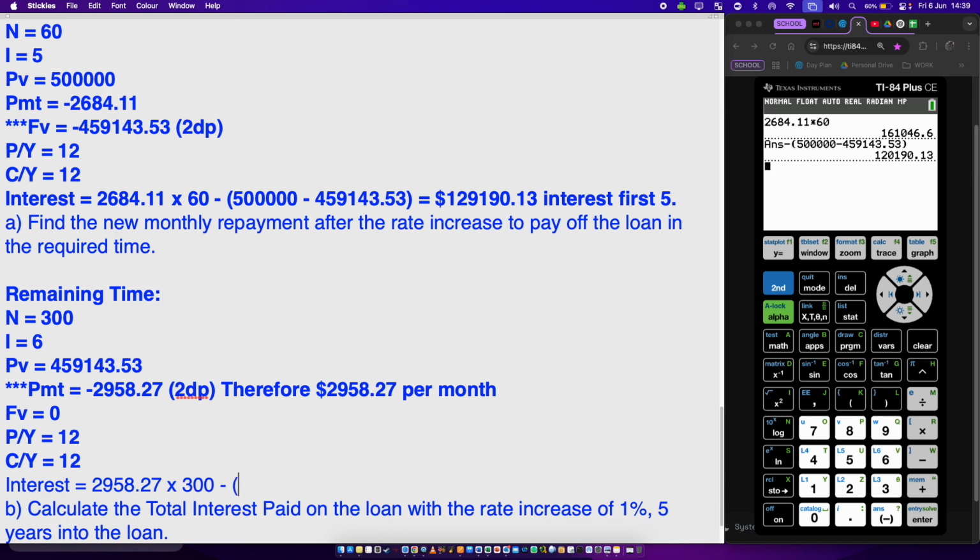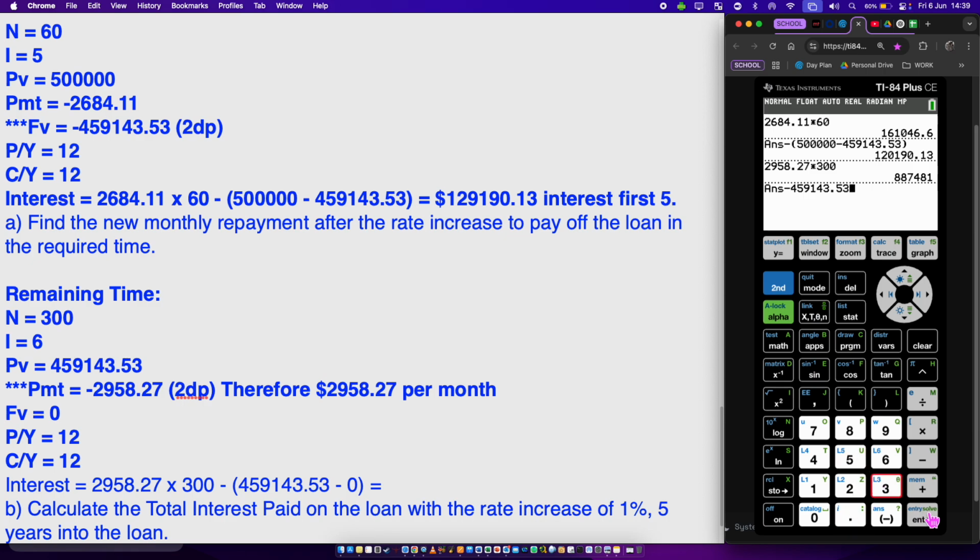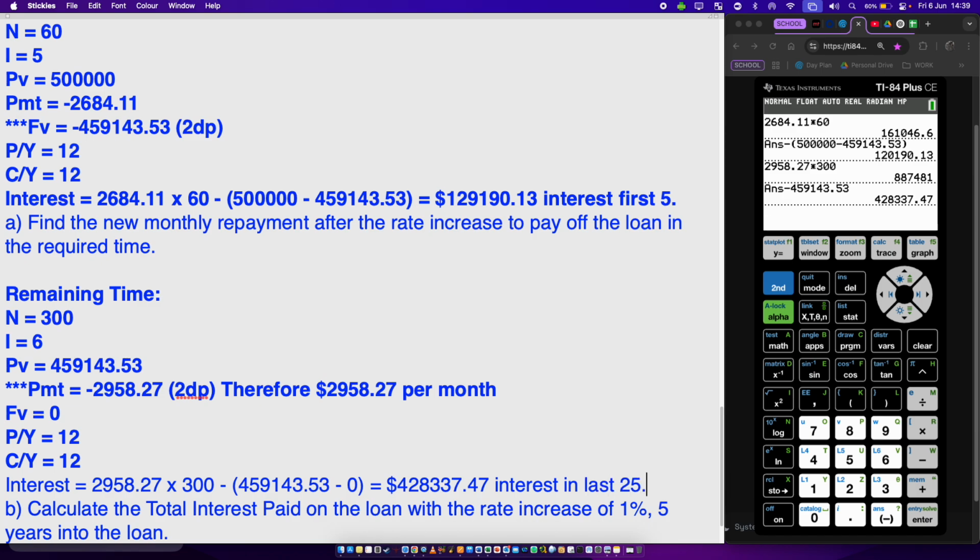Take away my debt, which was 459,143.53, minus, I got it down to 0. 2,958.27 times 300, take away 459,143.53. So in the remaining time, I paid 428,337.47 interest in the last 25.